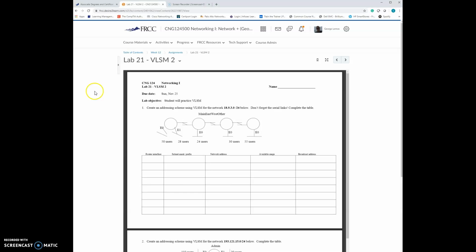Let's jump to Lab 21. Lab 21 is somewhat new. Make sure you identify all the networks, and I'm sorry that it broke up here. I don't know what's going on with my little picture. But make sure you identify all the networks: 50 users, 28 users, 24 users, 30 users, 55 users. And then don't forget the serial links: serial link, serial link, serial link.